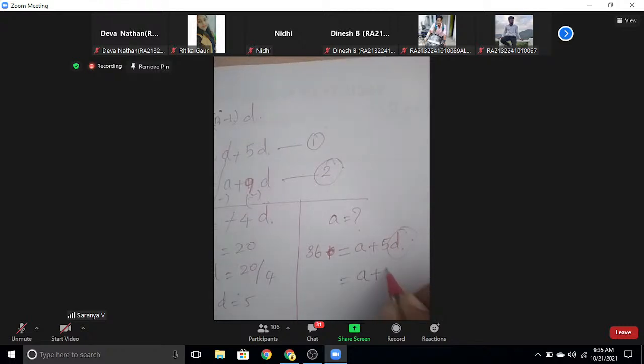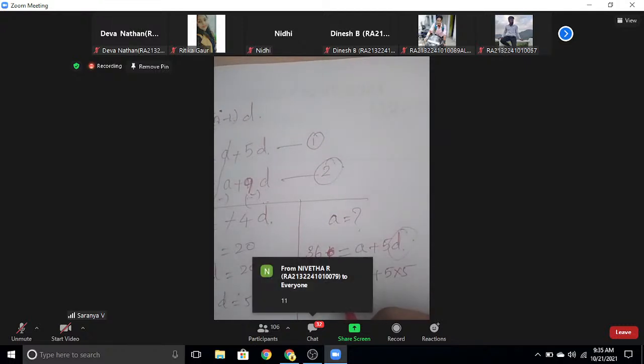So a plus 5 into 5 equals 36, which is equal to what? 36 is equal to a plus 25. Right. Post your answers. So what about your a? 36 minus 25. Right. Post your answers in the chat box.